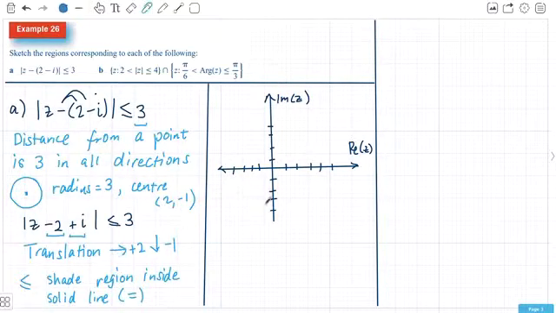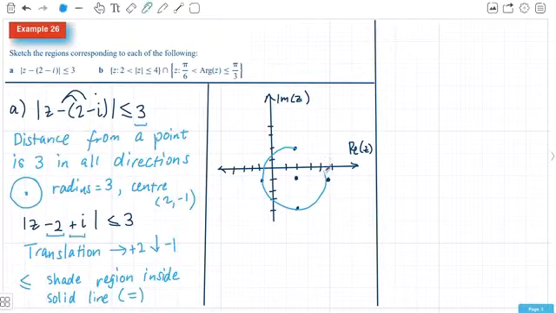Okay, so we're going to translate across 2 and down 1. That's the center of our circle. And the outside edges are going out to 3, so we'll just go 3 in each direction. 1, 2, 3. 1, 2, 3. In that direction. Okay, and just graph it in light blue.